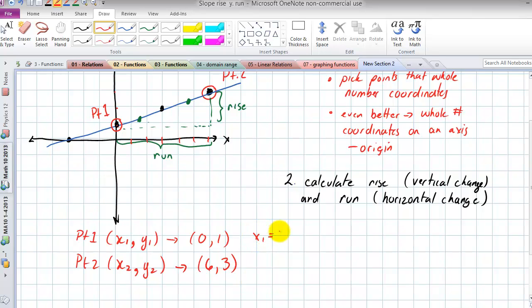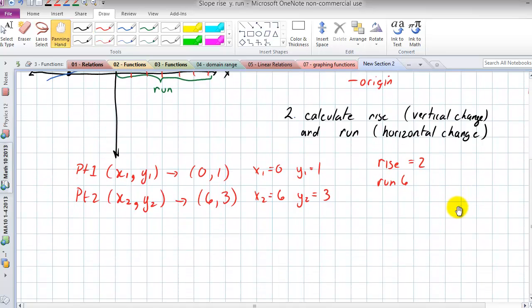So x1 is 0, y1 is 1, x2 is 6, y2 is 3. So intuitively, I think we can just look at this graph, these 2 points. We can see the rise is 2 and the run is 6. And that works out because those 2 points I picked land on whole numbers that are easy to see. But that's not always going to be the case.